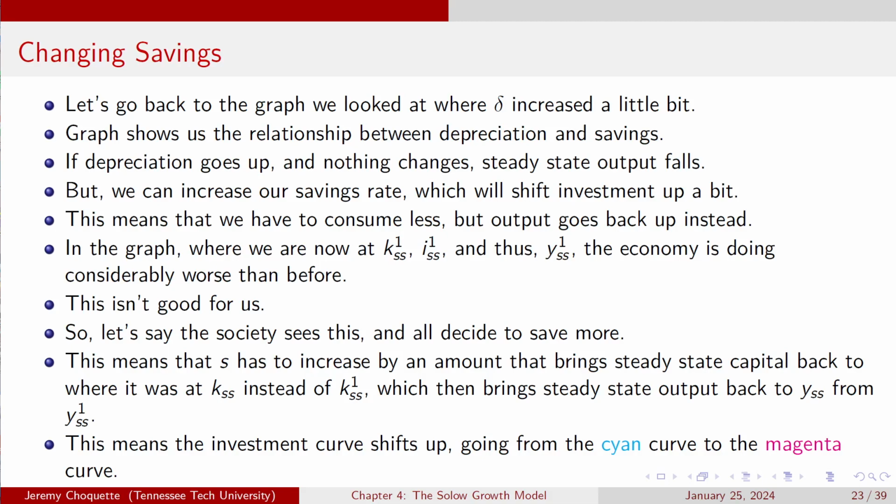Now, when that happens, steady state investment will technically be higher because we have to invest more in order to get the same amount of output that we had before. And if we return to the same output as before, then when investment increases, consumption is going to shrink. So we can get back to where we were at the cost of consumption.